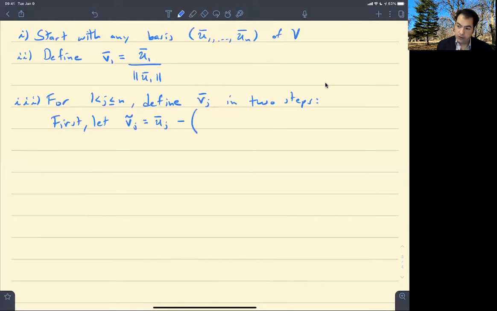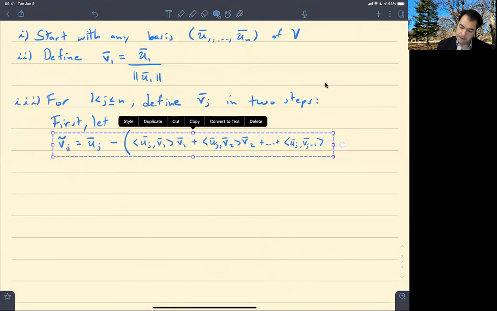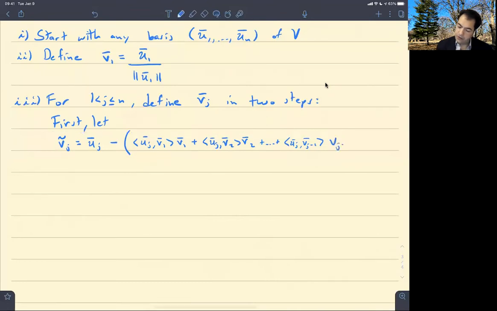So what we're going to do is uj, v1 times v1, and then uj, v2 times v2, until uj against vj minus 1, times vj minus 1.